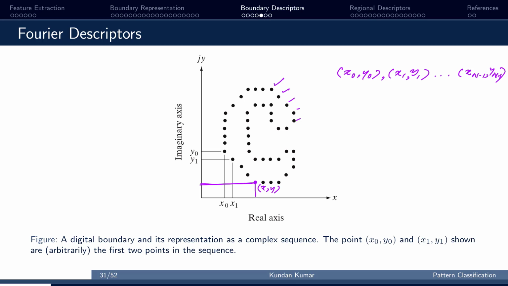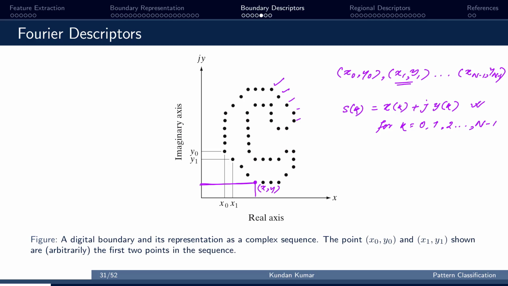Or we can write xk plus j yk, and this will give us a complex number. That means this Cartesian coordinate is converted to a complex number with this representation for k equal to 0, 1, 2, up to n minus 1, because we have n boundary points.